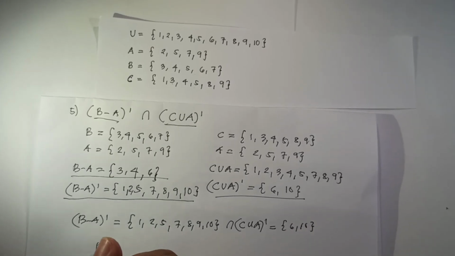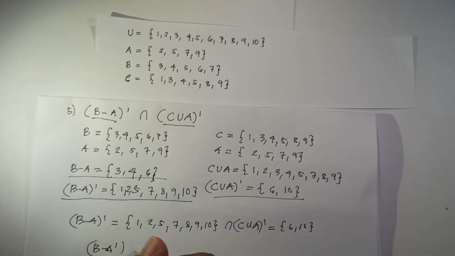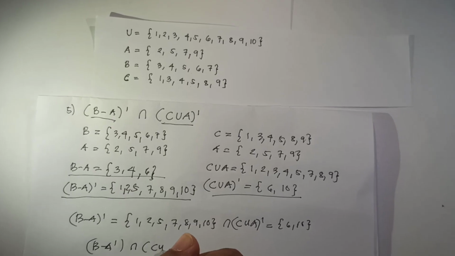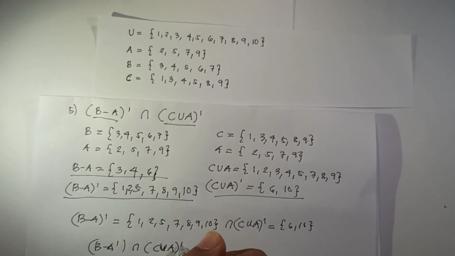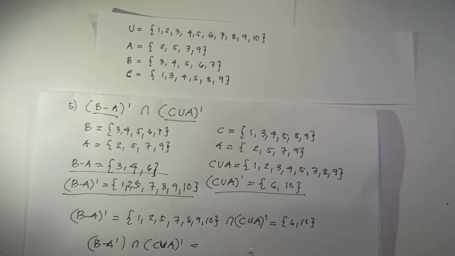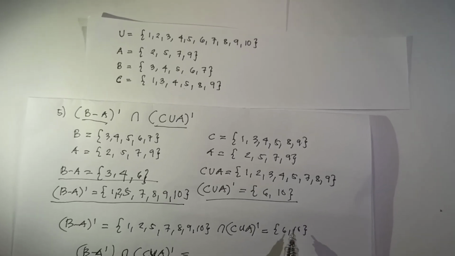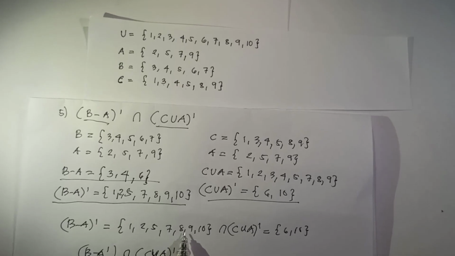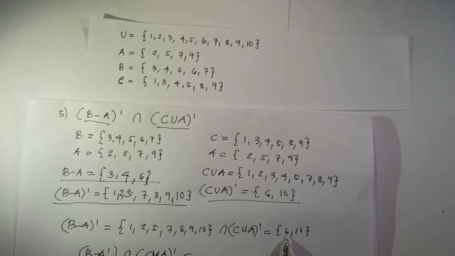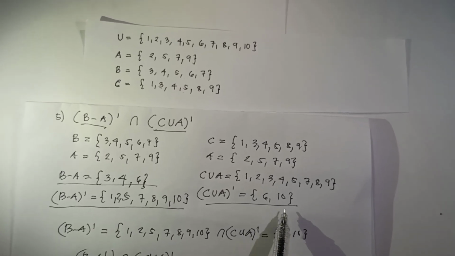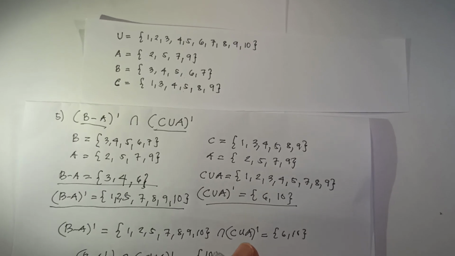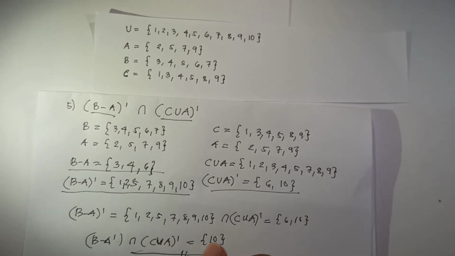So B minus A prime intersection of C union of A prime is equal to, ano po ang common sa dalawa? So the common is 10 only. So this is the result.